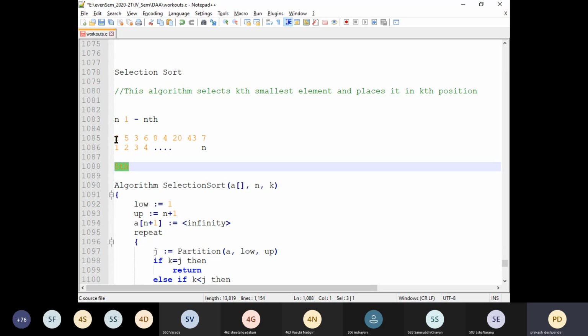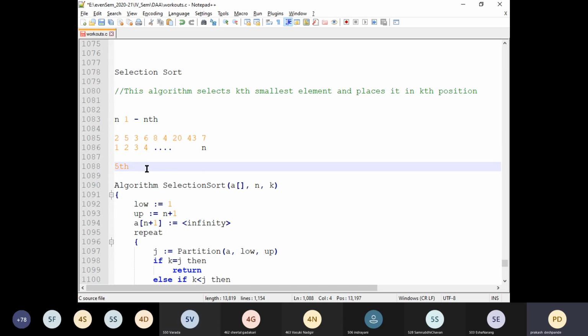Can you tell me, by just looking at these numbers, which element would be placed at the 5th position if you sort them? Is that element 6? First we have 2, 3, 4, 5. Then we have 6. So 6 will come at the 5th position.